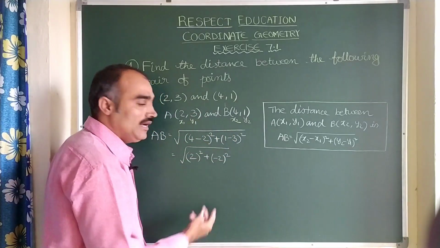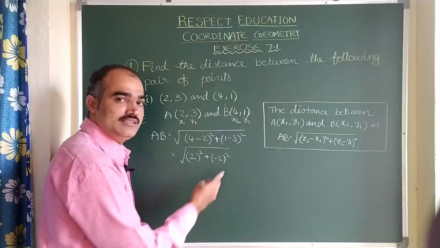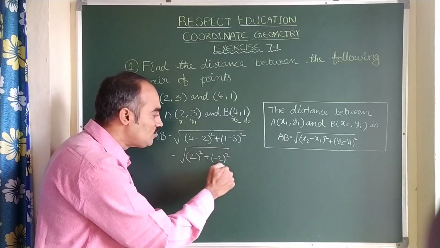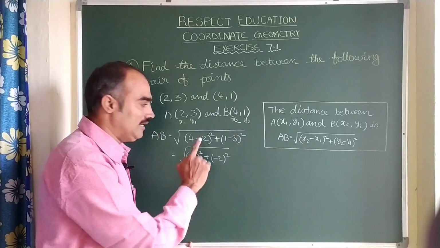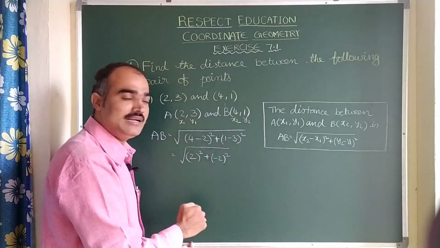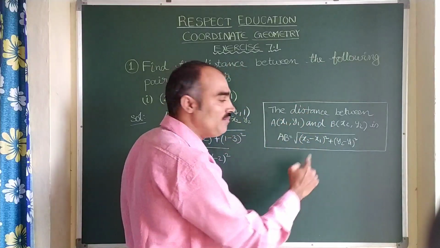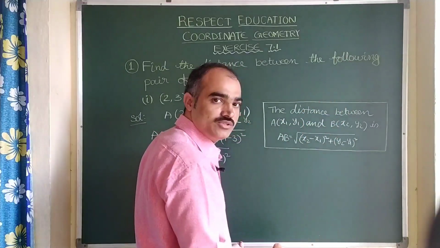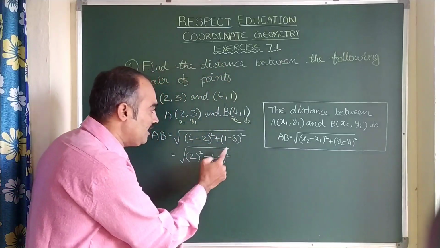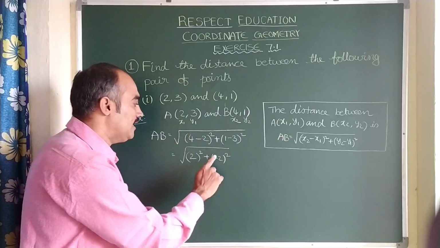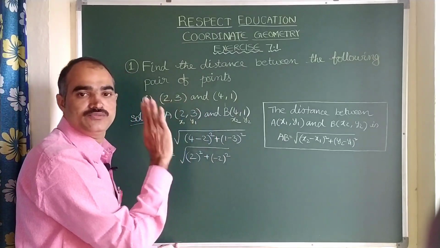For example, if you take 3 minus 1, that is 2, and 2 whole square is also 4. Minus 2 whole square is also 4. However you take it, you get the same answer. That's why I told you earlier, you can take x1 minus x2 whole square plus y1 minus y2 whole square also. Is it clear? You can even write 3 minus 1 whole square, because finally you will get plus 4 only.